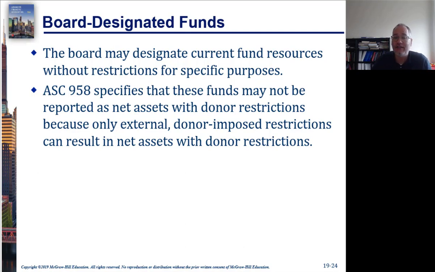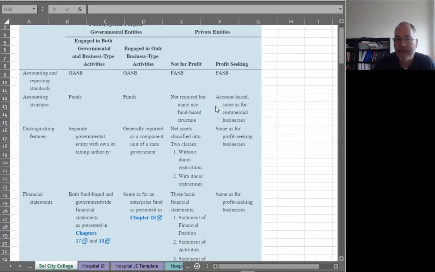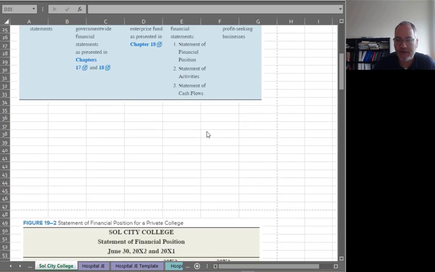ASC 958 is very clear that a donor restriction is when a donor gives money to the university or college and says you can only use this for X, Y. When the board says we have an extra $1 million, we want to save this for a certain building project, that is a board designated fund. You can set it aside, but it's not a donor restriction, and that's a very important point.